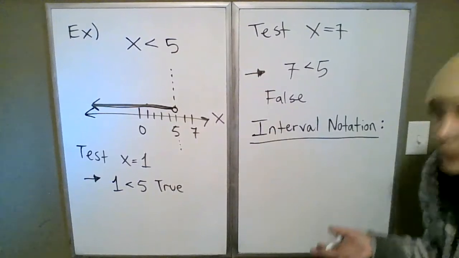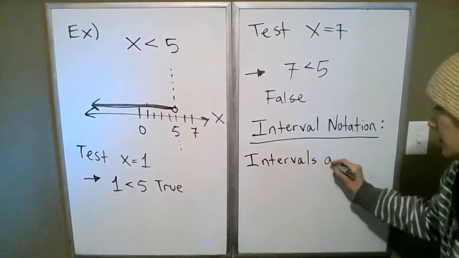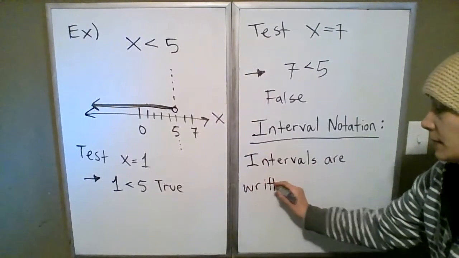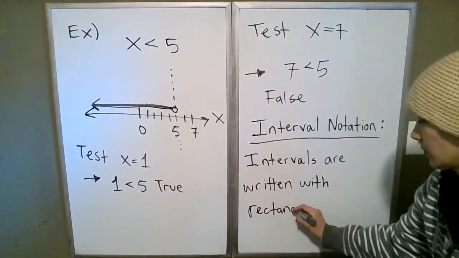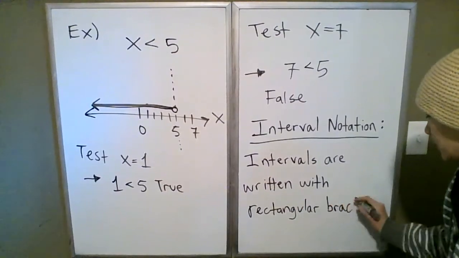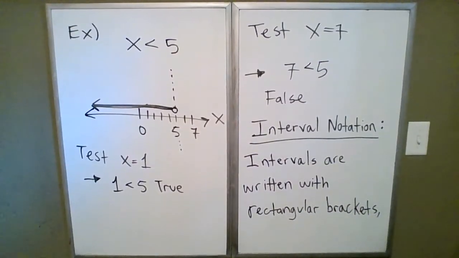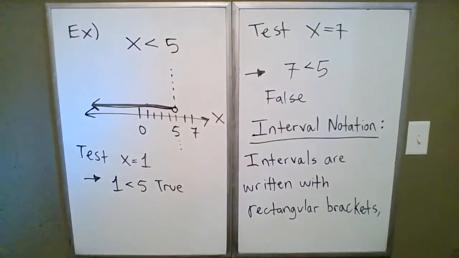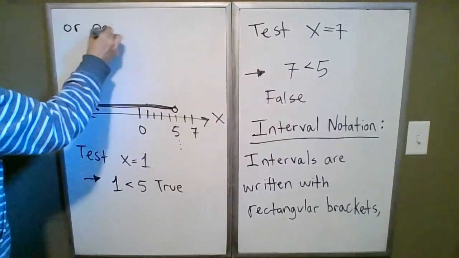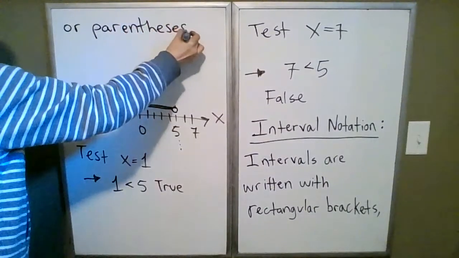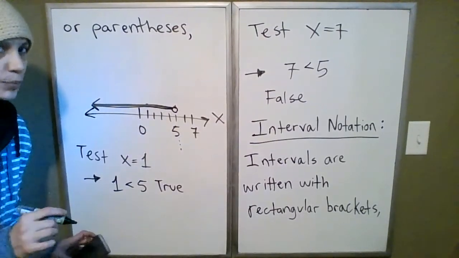Intervals are written with rectangular brackets or parentheses, and 2 numbers that are called endpoints.